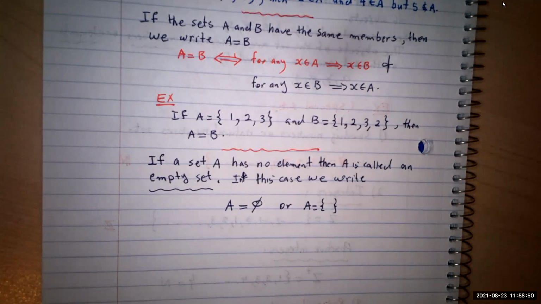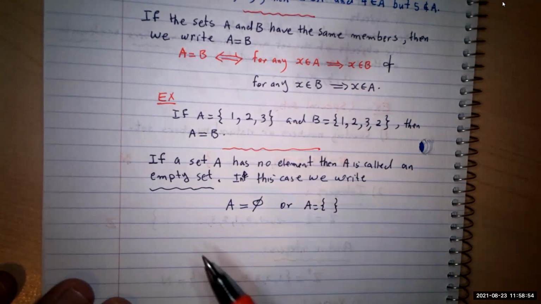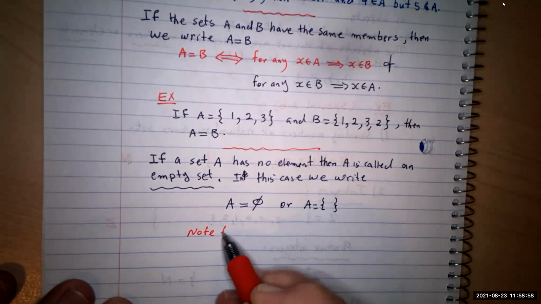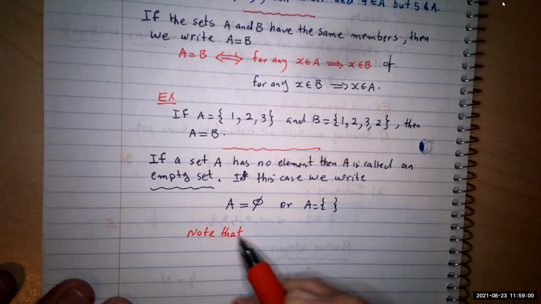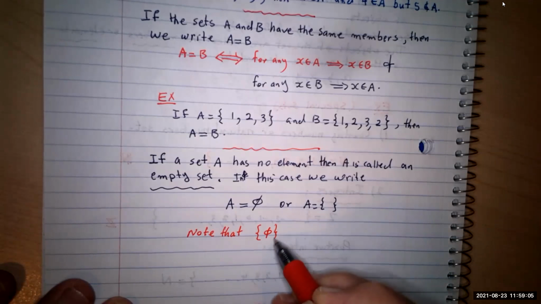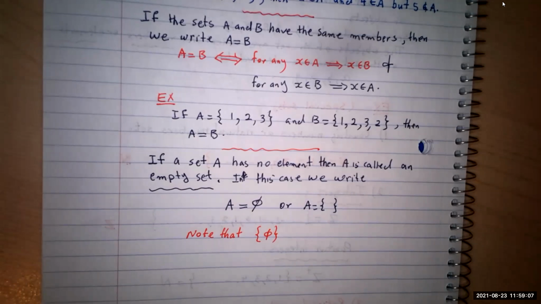I should remind you of something that people write and miss a point on the test. Don't do this one. Note that, sometimes people write this one. Look at this one. This is not an empty set because there is something in it.